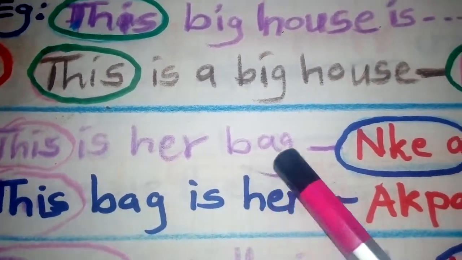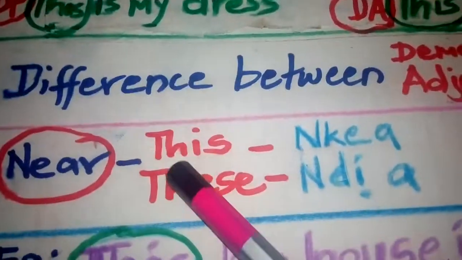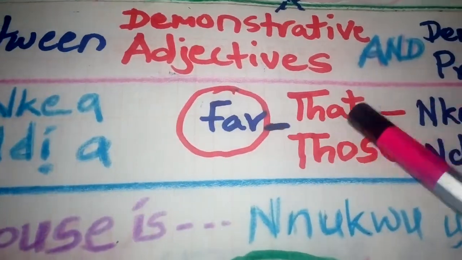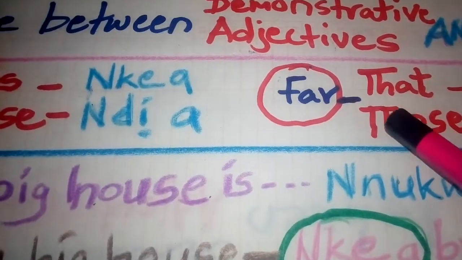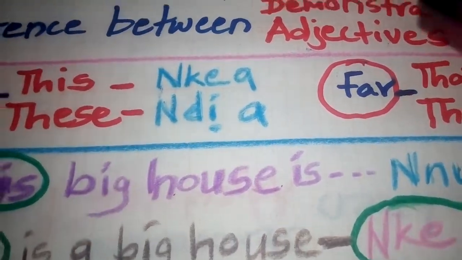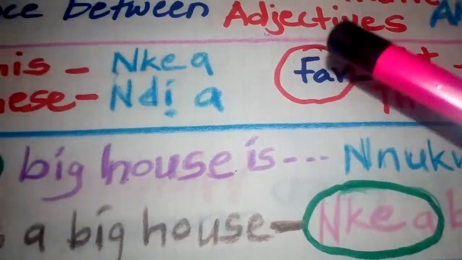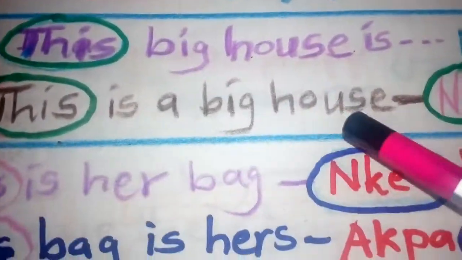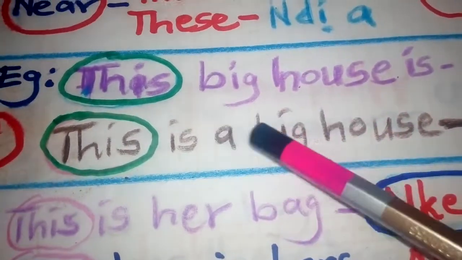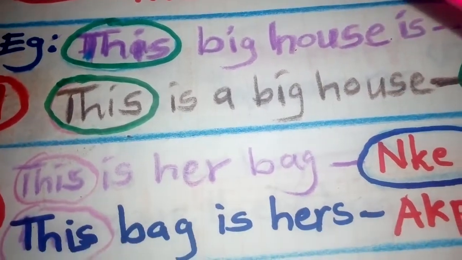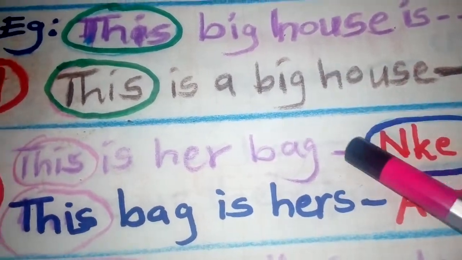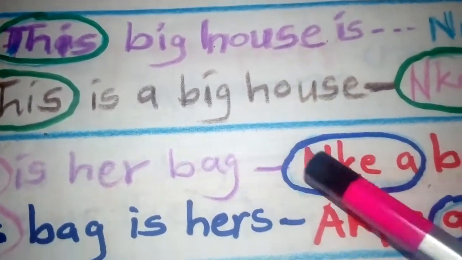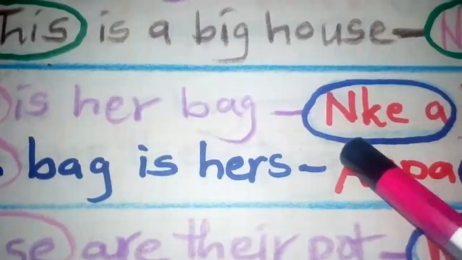This, these, those, that, these are the demonstrative words. In a demonstrative pronoun, they can replace a noun or replace a pronoun. How do they do that? Let me give you an example.